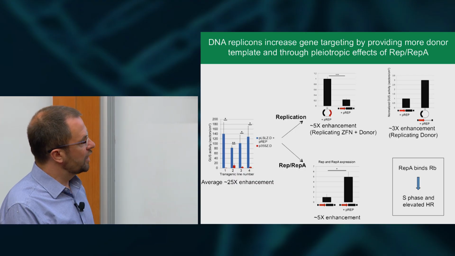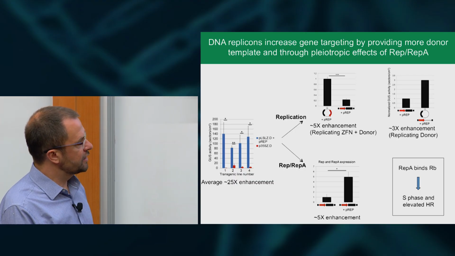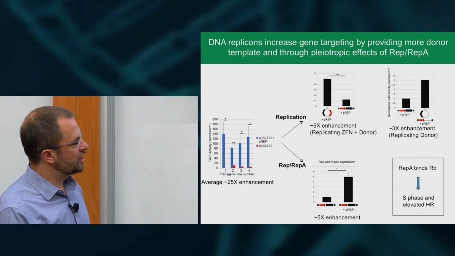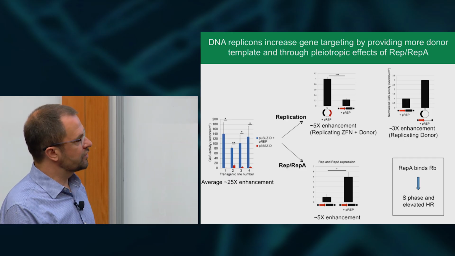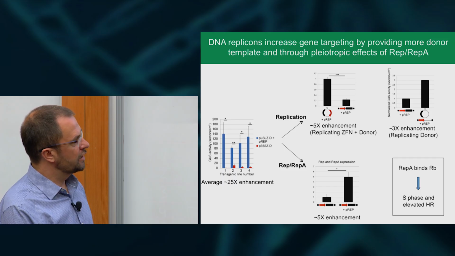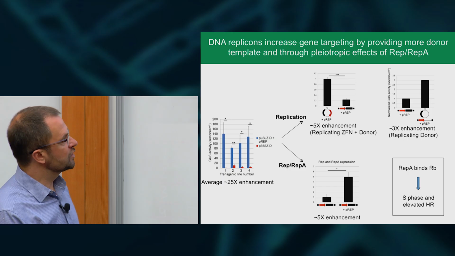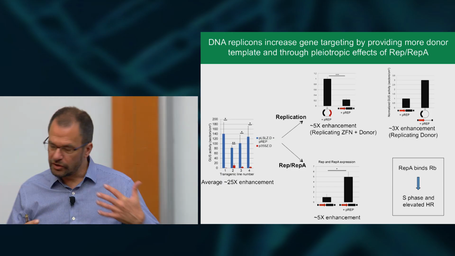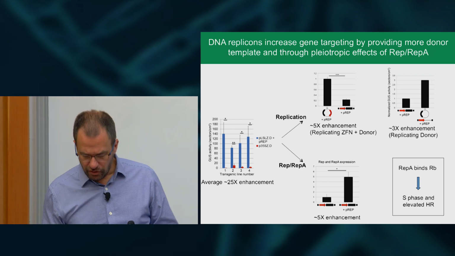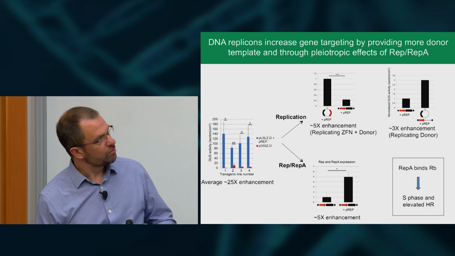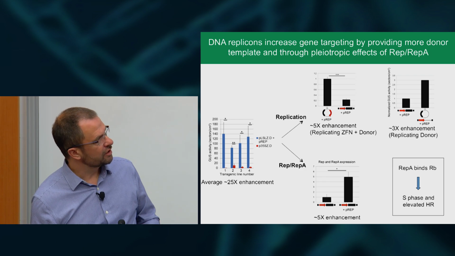And so we hypothesize that elevated homologous recombination occurs because HR is more proficient in S phase. We then did experiments where we mutated the retinoblastoma binding domain and we lost this enhancement. So the replicons work through these two mechanisms, pushing the cells into a state that's conducive to homologous recombination and providing an abundance, particularly of the donor.